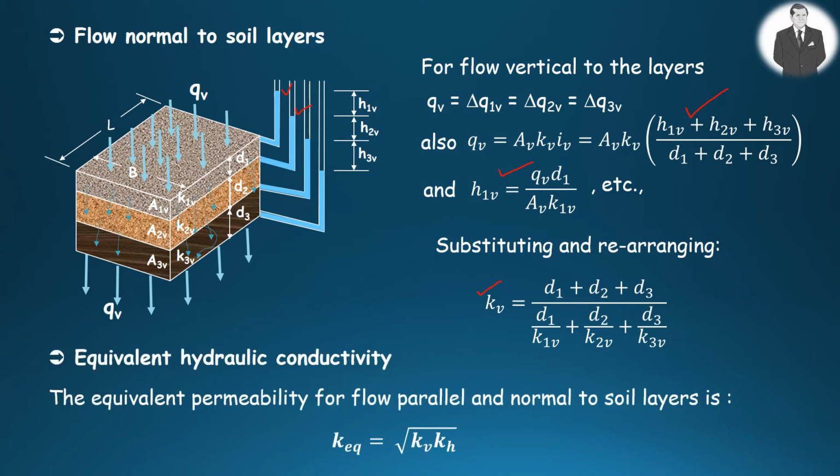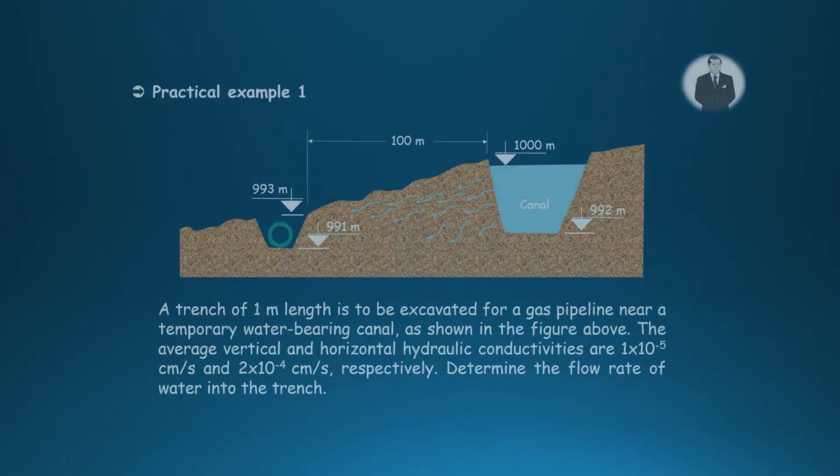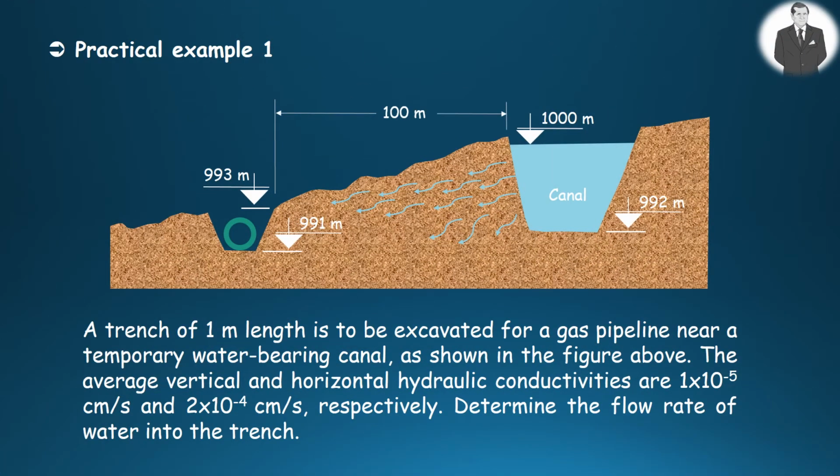Now, the equivalent permeability for both flows can be estimated by the equation given here. Here it is.